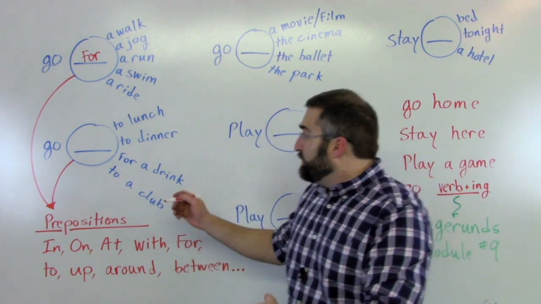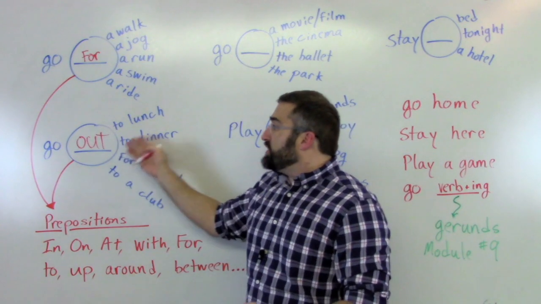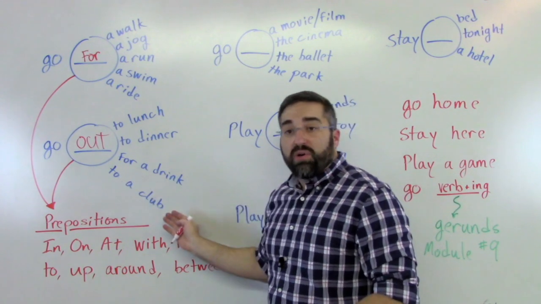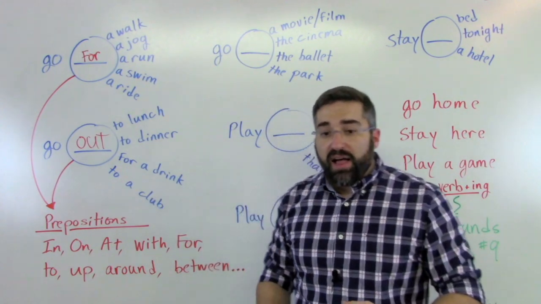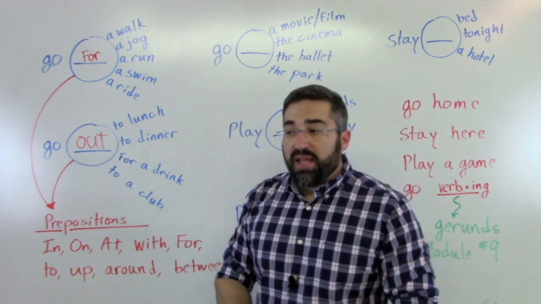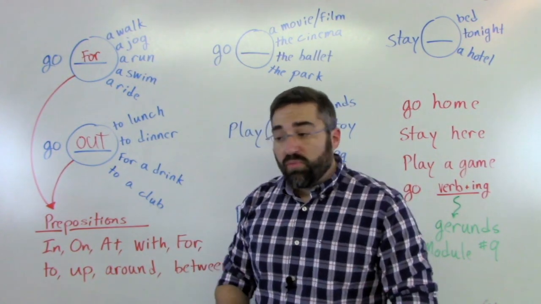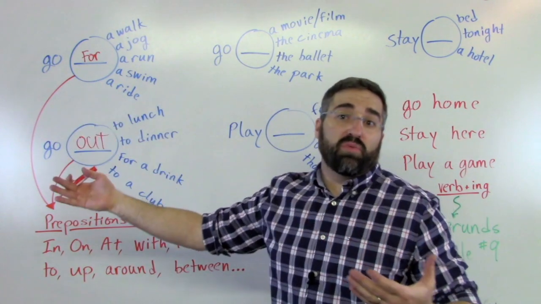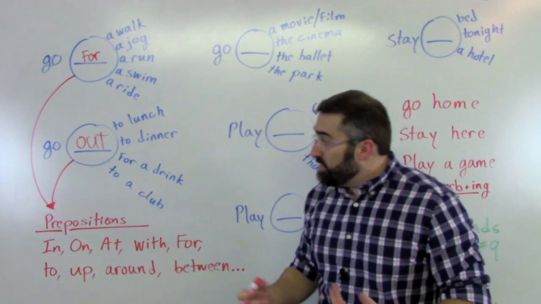Go out to lunch, go out to dinner, go out for a drink, and go out to a club. This means go out. When we use the words go out, it means that we are leaving home. We want to leave our house and go out to the world and have fun and do interesting things rather than stay in.